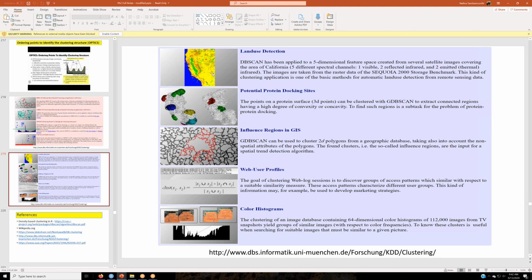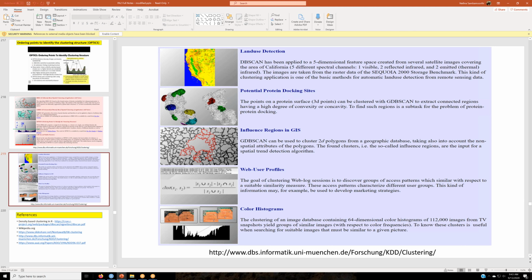And land usage is exactly the same thing. Look at this graph here, right? So for land usage, it has been successfully used to find the clusters of types of land usage. Okay, and also in GIS, where we usually use polygons.